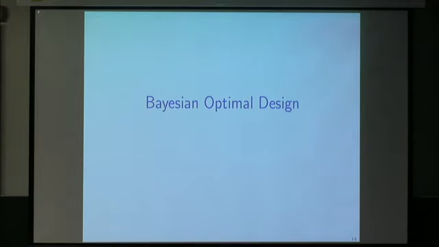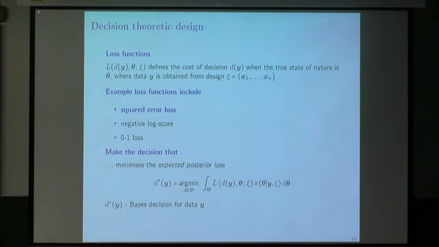So now I'm going to focus on the methodology that we use to find the Bayesian optimal design, and we follow a decision-theoretic approach. So we need to define a loss function that captures the loss of making a specific decision D when the true state of nature is theta, and we have data that we have collected on a specific design.